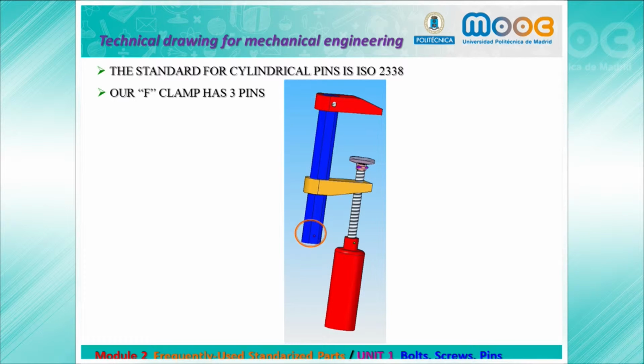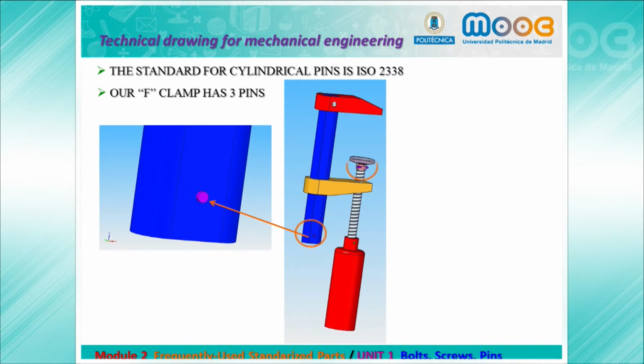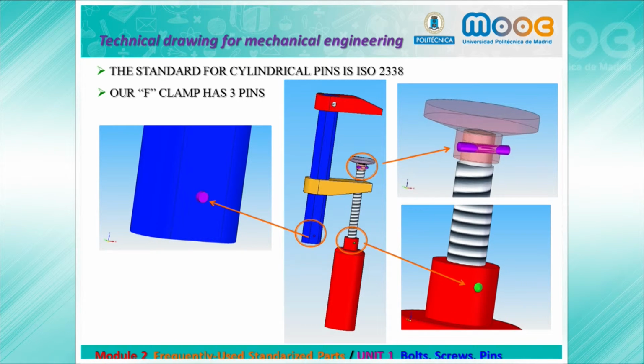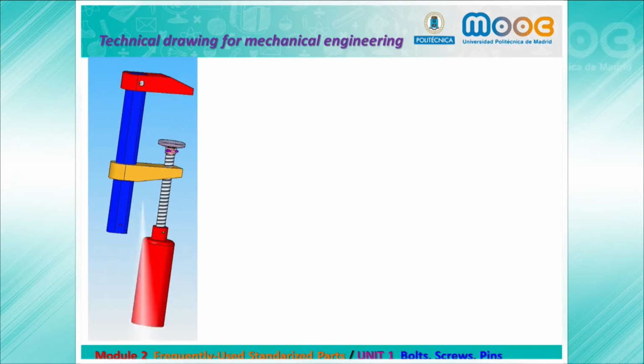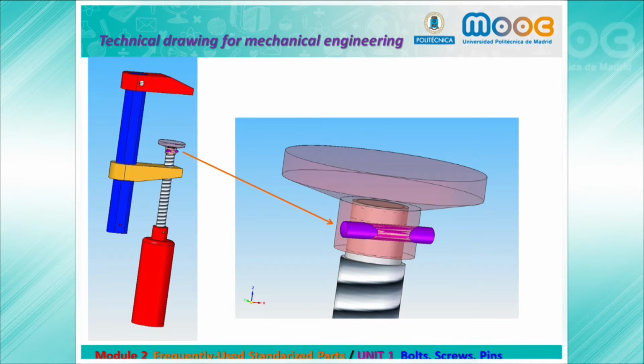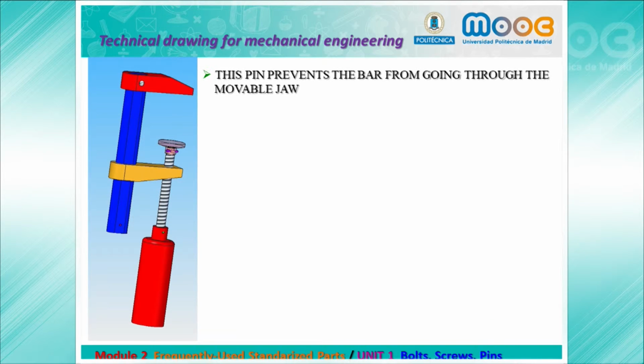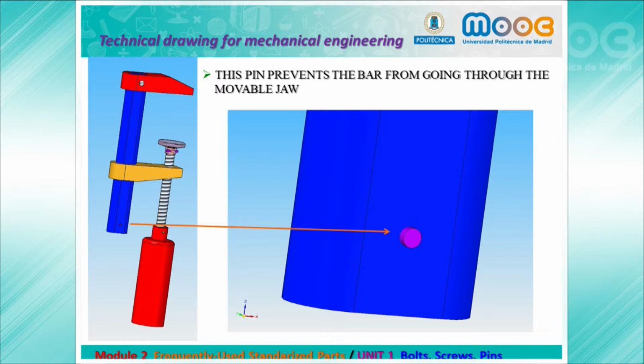Our vise clamp has 3 pins. You can see them here in detail. The first one, this pin fastens the adjustable screw and the head. This pin prevents the bar from going through the movable jaw.